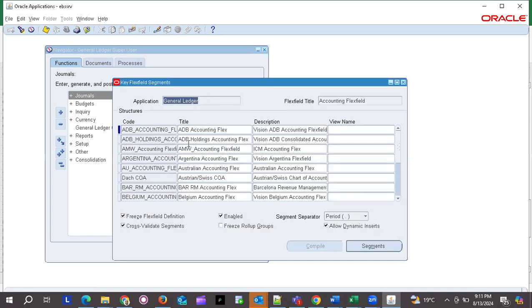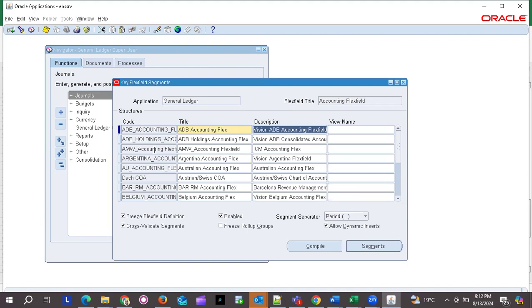If you select it, you'll find we have so many structure names. All these were probably placed there by Oracle, others for the purpose of learning. There are some people who have been practicing and creating them. This is the structure name, the structure title, and probably the description.